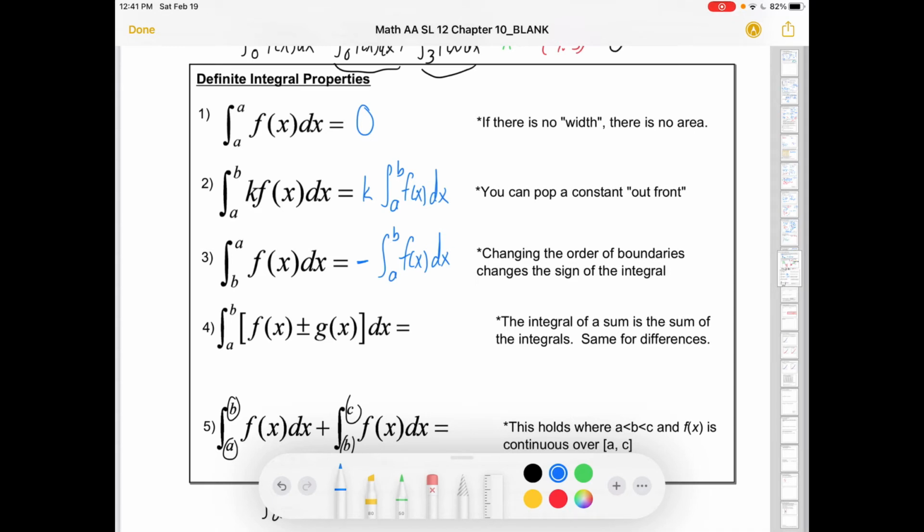And then our last property that we'll use is that if you have the integral of a sum or difference of functions, then you can split it apart into the sum or difference of the integrals of those functions. And that was true with limits as well. And it was true with derivatives. So most of these rules are pretty similar to what we would get with derivatives, sort of adapted.